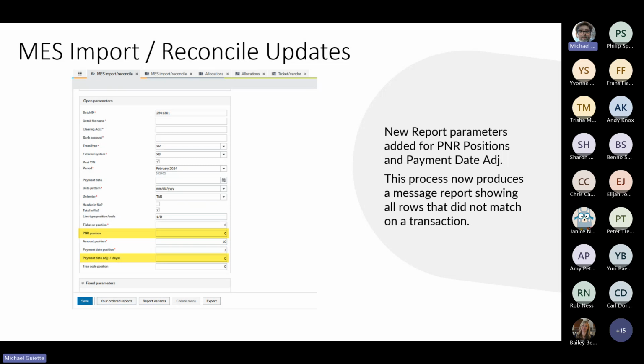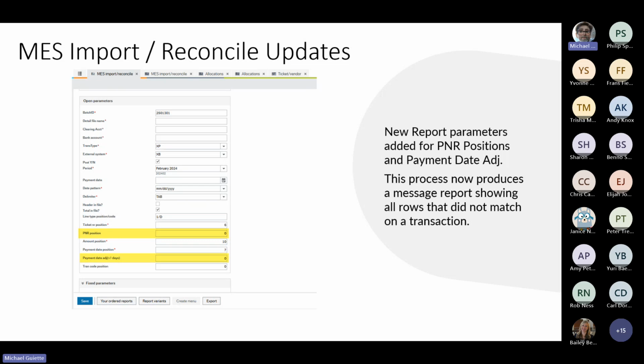The payment date, plus or minus the number of days. So when we're looking at that and we've got the payment that we've put into the bank account, the general ledger, when we put that in there, this allows us to say, look, 2 or 3 days plus or minus this date.